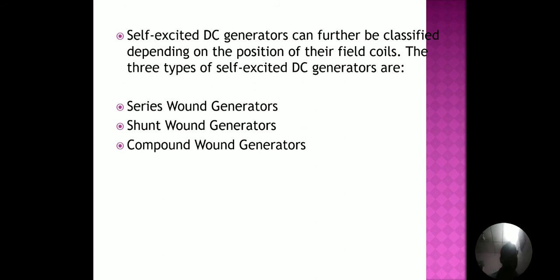Again, the self-excited DC generators are classified into three types based on the connection of the field coils. Number one is series wound generators, in which the field coil is connected in series with the armature.